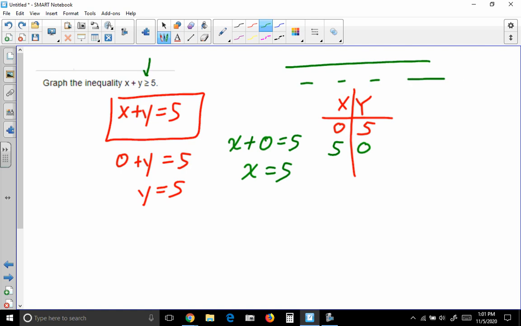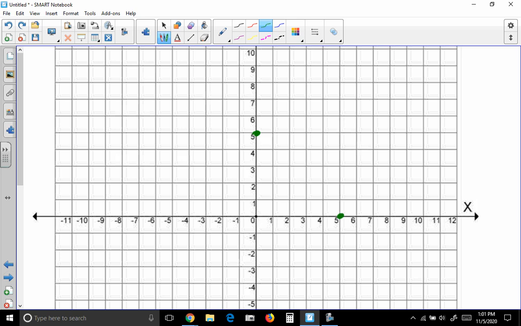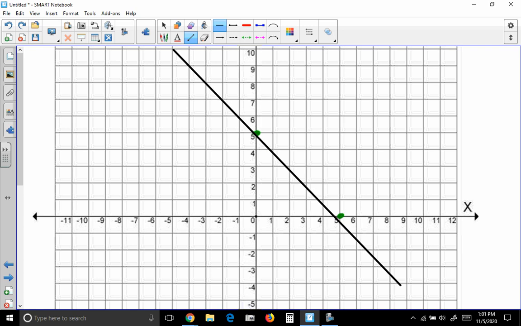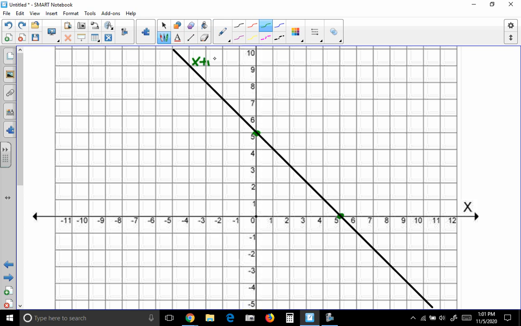When we are supposed to include where we are equal, then that means we need to include the line that we determine here. So to include it, that's going to be a solid line. So we would just draw a solid line through those 2 points. And that's where x plus y equals 5.